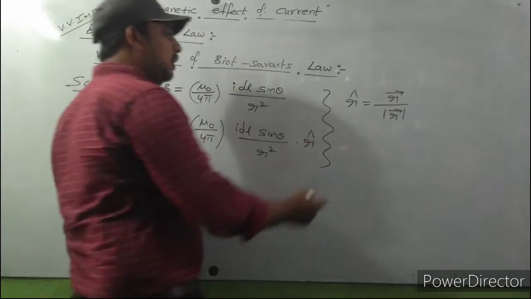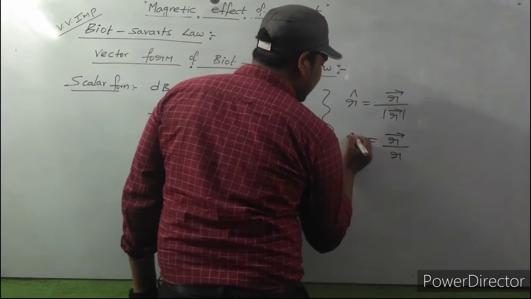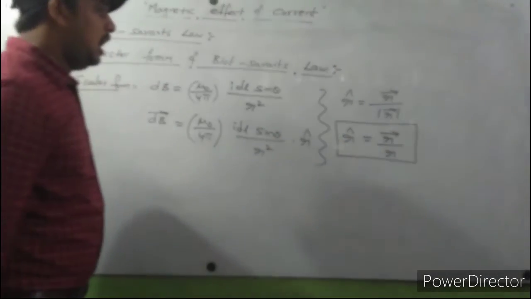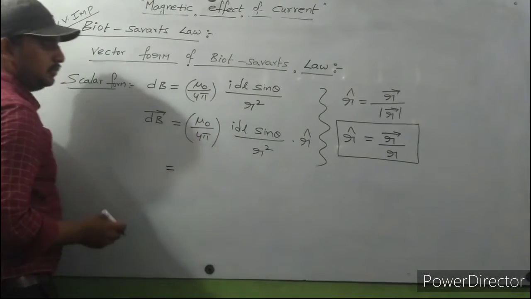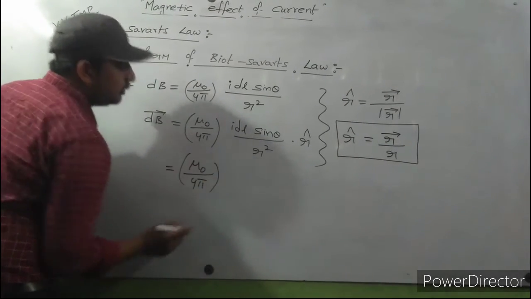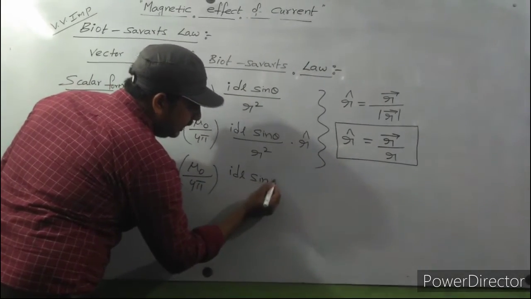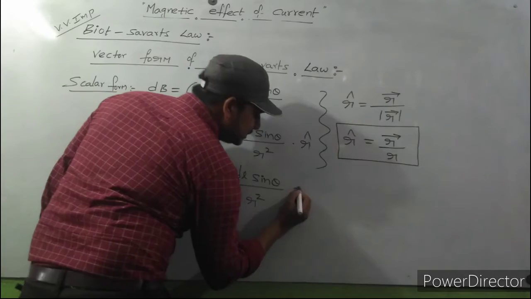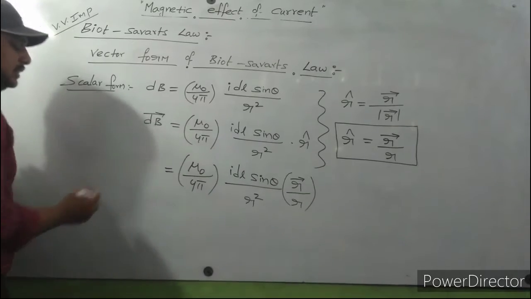Modulus of r bar is written as r. So r cap is the unit vector, r cap is equal to r bar by r. Then we can write mu naught by 4 pi into I dl sin theta by r square into r bar by r, this is dB bar.